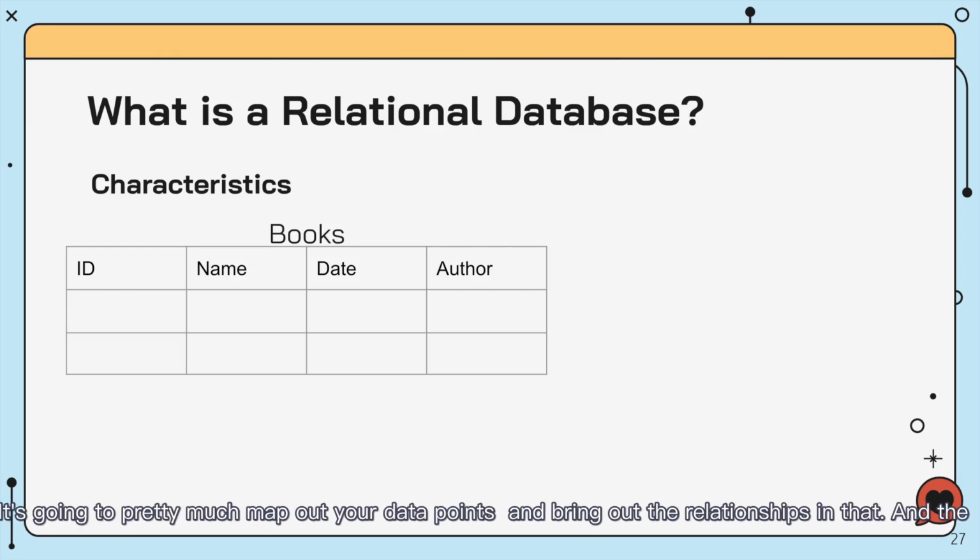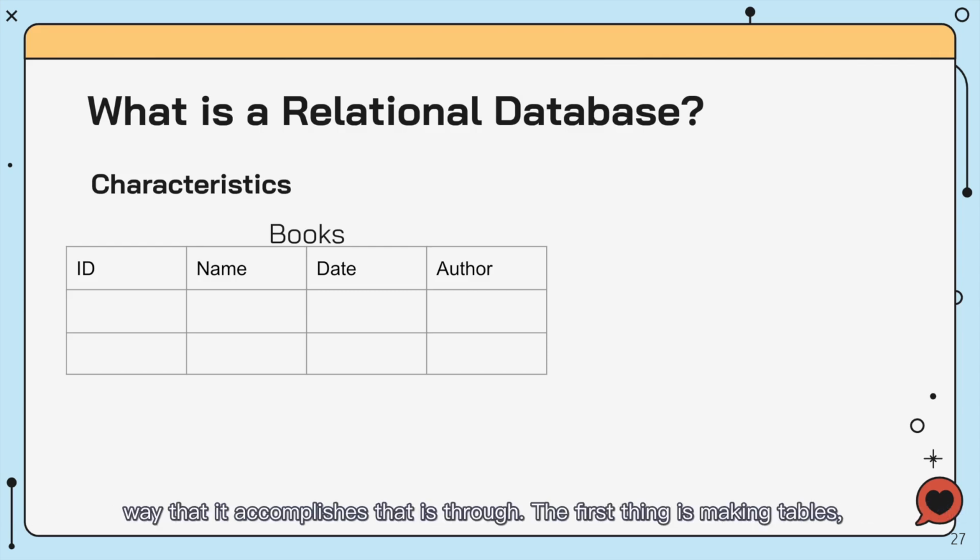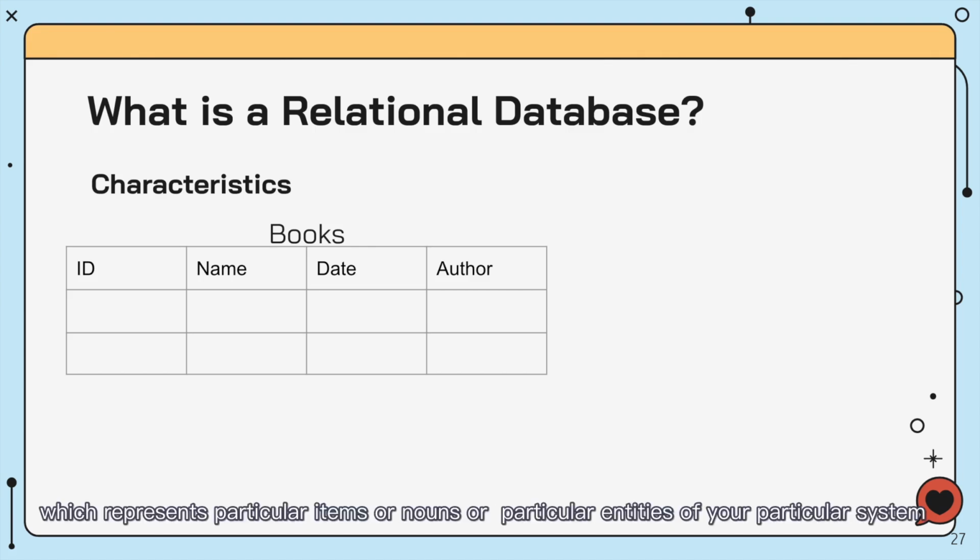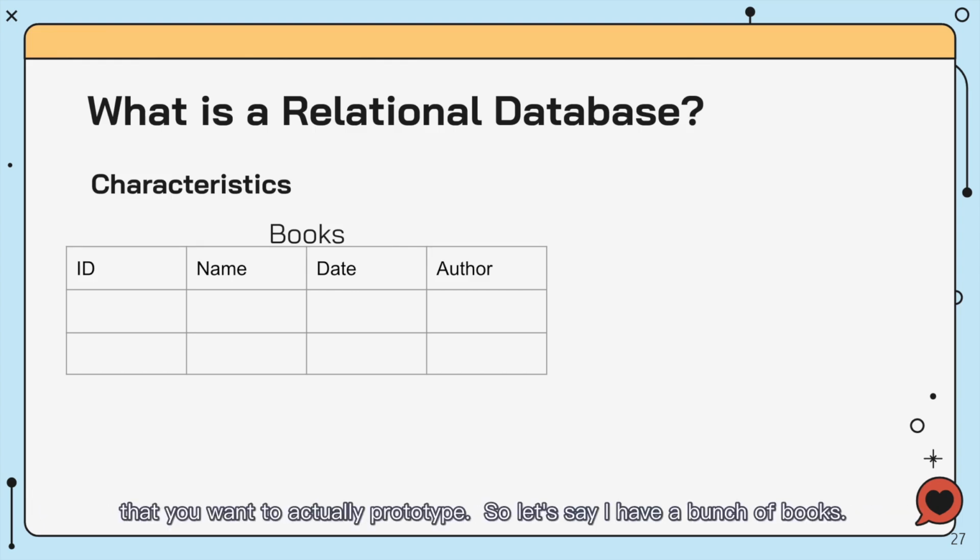It's going to pretty much map out your data points and bring out the relationships in that. And the way that it accomplishes that is, the first thing, through making tables, which represent particular items or nouns or particular entities of your particular system that you want to actually prototype.